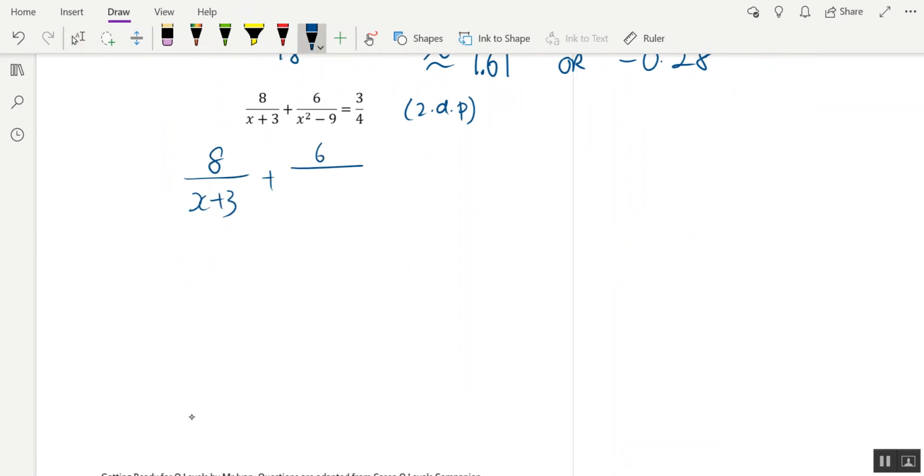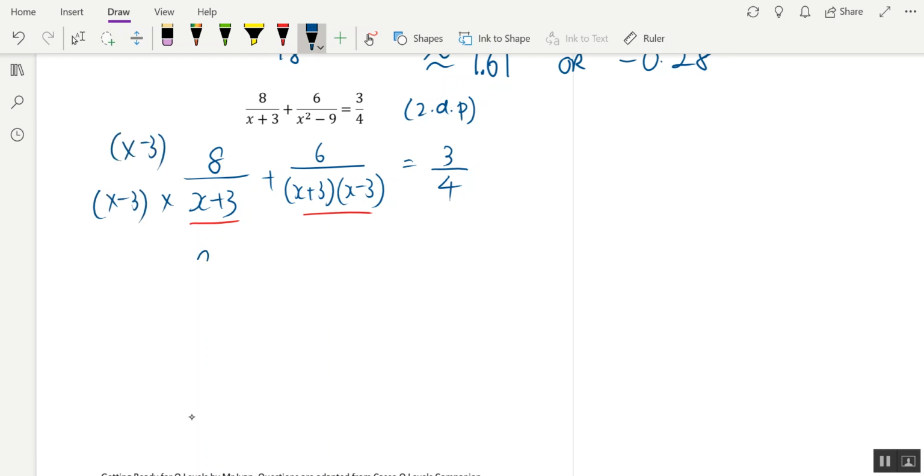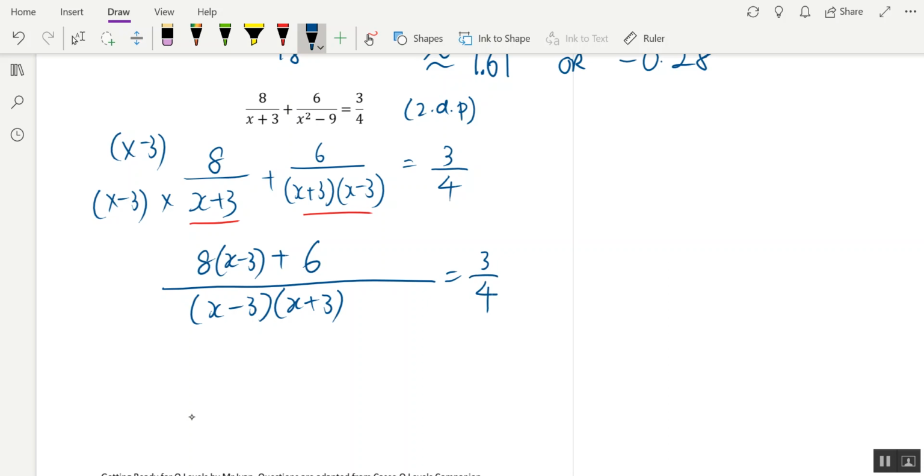Now for this, x squared minus 9, you have to know by now that x squared minus 9 is x plus 3, x minus 3. Algebraic rule number 3. Because this fraction has 2 denominators and the other only has 1, it needs to multiply by x minus 3 over x minus 3: 8 multiplied by x minus 3, plus 6 over x minus 3, x plus 3, equals 3 over 4.